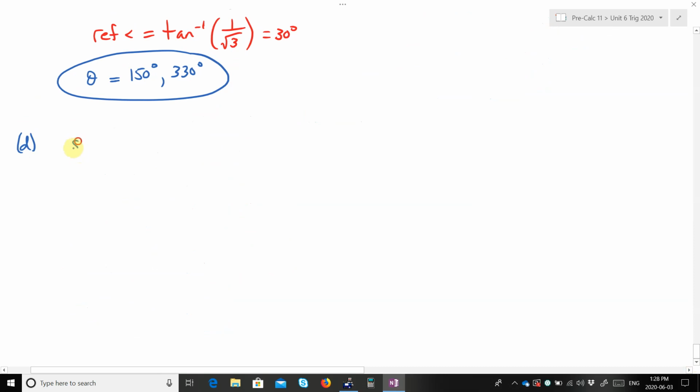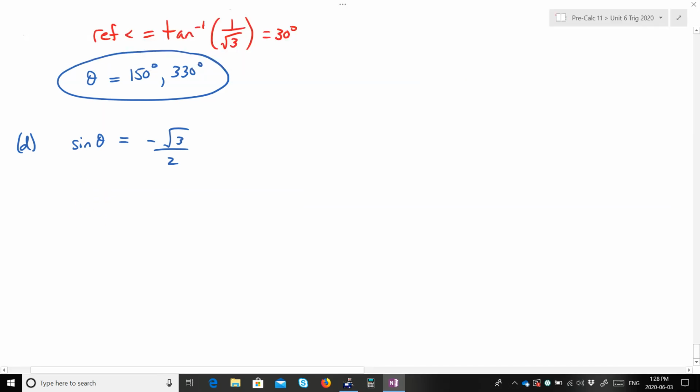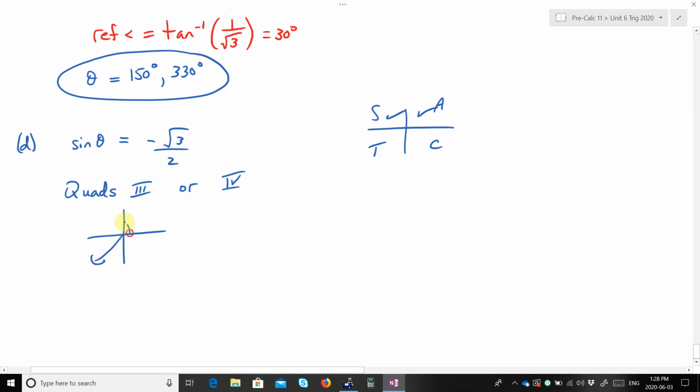Okay, let's do letter D. It is sine theta equals negative root 3 over 2. Where is sine negative? It is positive in quadrants 1 and 2 according to the CAST rule, right? Sine is positive here and here, so it would be negative in quads 3 or 4. So this angle or this angle.